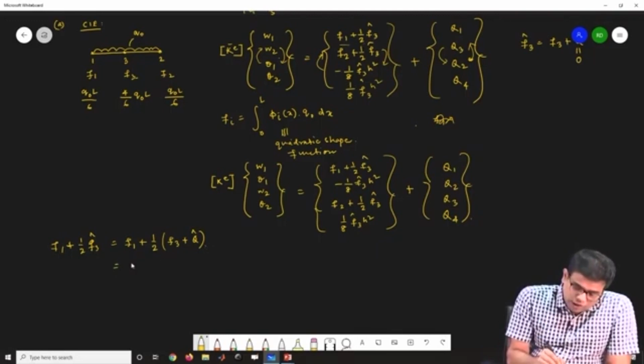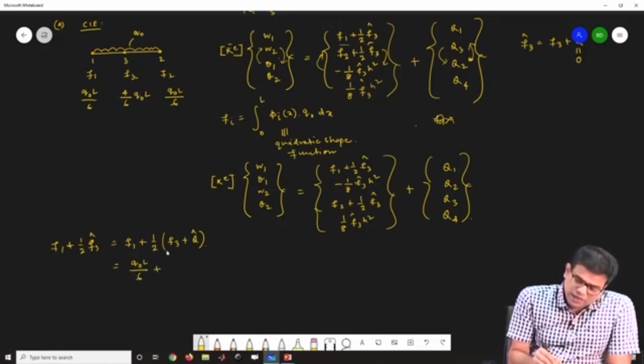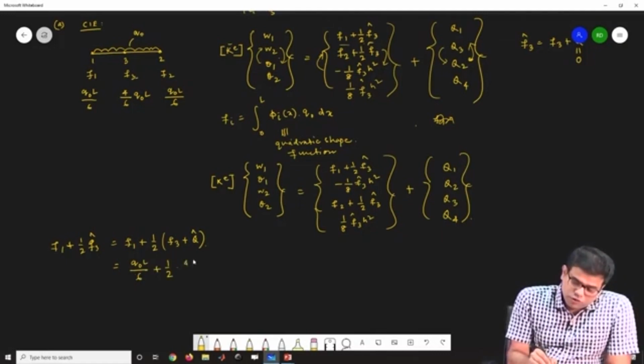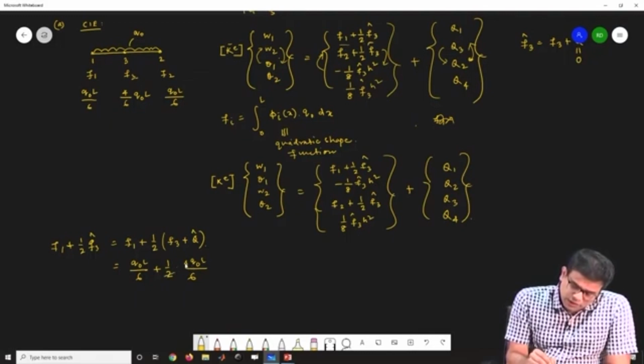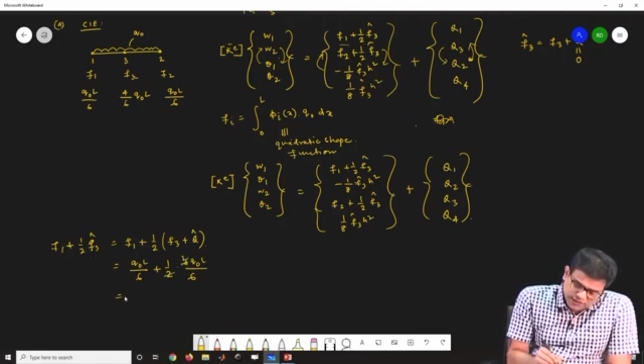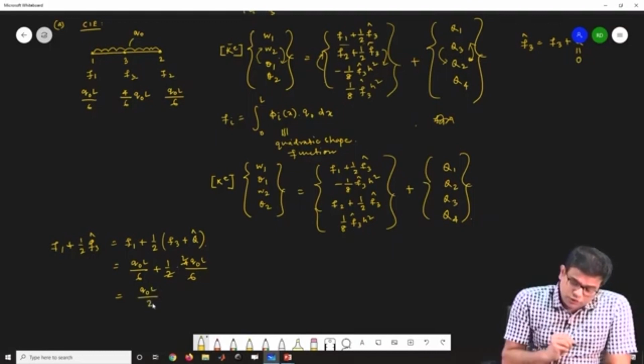So now f1 is essentially q0 L by 6 plus half of f3, that is 4 q0 L by 6, so this is q0 L by 6 plus q0 L by 2.